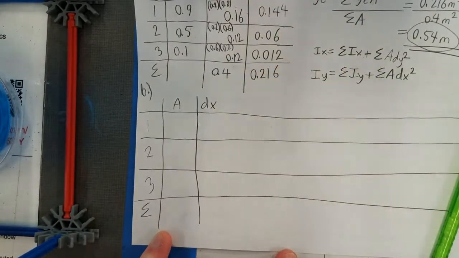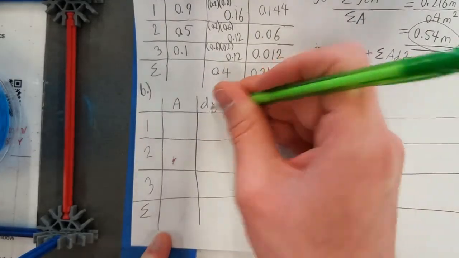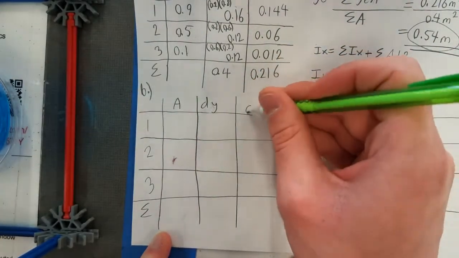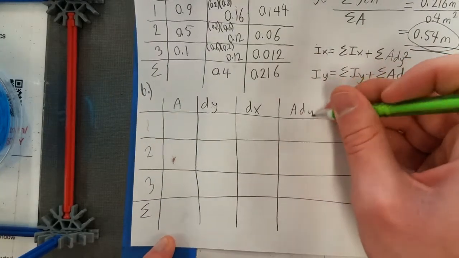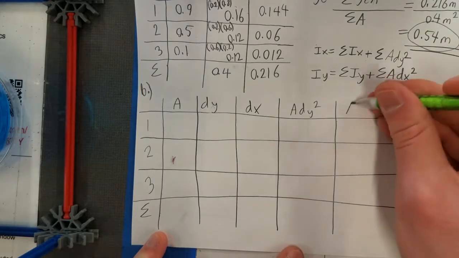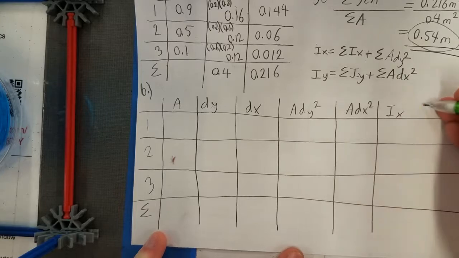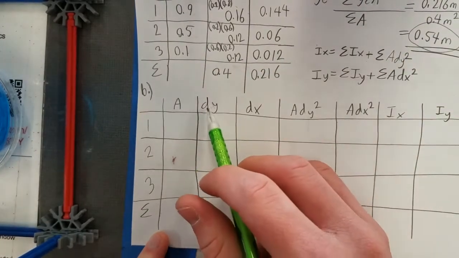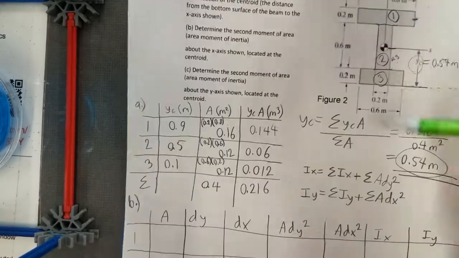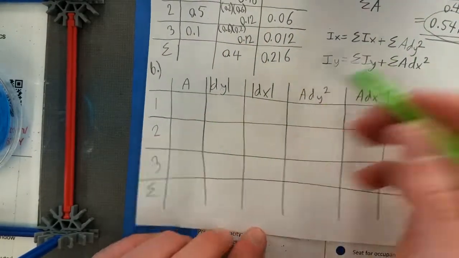We'll do that first, dy, and then dx, and then we're going to have a dy squared and a dx squared, and then lastly Ix and Iy. It's kind of a mouthful. Again, for the dy and dx, it doesn't really matter which direction it is because we're going to end up squaring them. So I'm just going to write in the absolute values just so we know that it's always going to be positive.